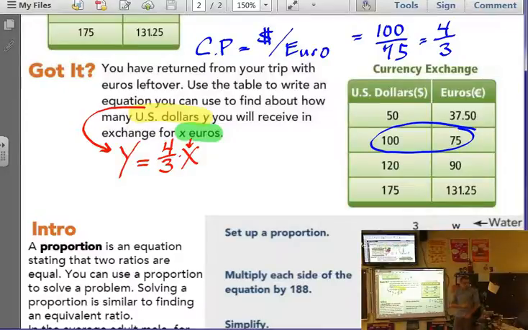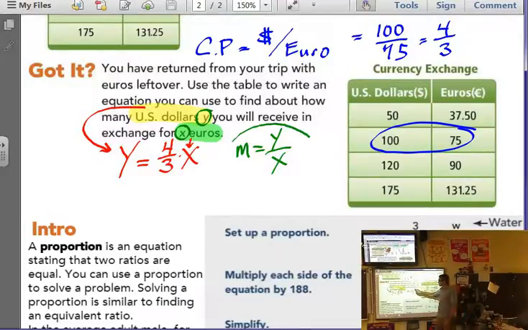Any questions on how we set this up? Really we know that our constant of proportionality has to be the y over the x. And when we're told y is dollars, x is euros, I know that dollars has to be divided by euros.